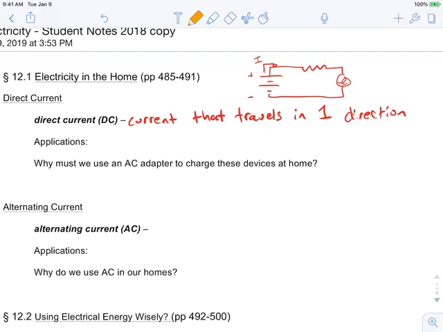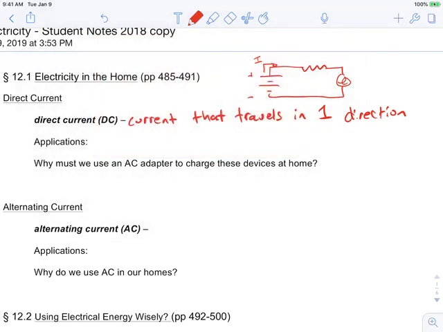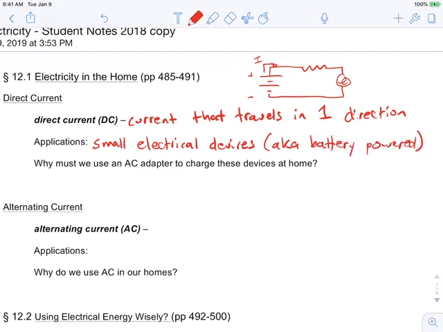So current needs to remain consistent in one direction. Most of our circuits that we will be dealing with are that way. So the applications of this, these are in some of our small electrical devices. So pretty much anything battery powered would be a good example of something that uses DC current.